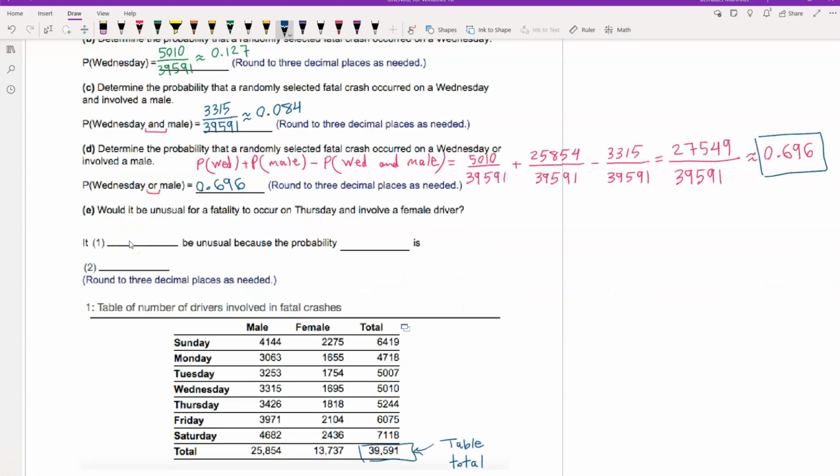Part E, would it be unusual having these two events, Thursday and female? So finding the answer for this part, probability of Thursday and female.